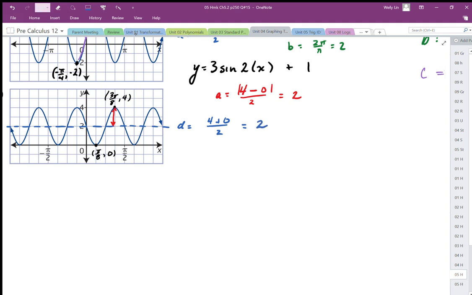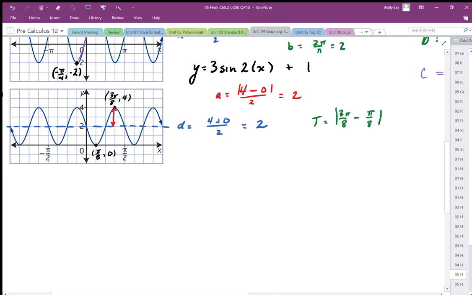Our period, we subtract the x coordinates of the min and max, so we end up with 3 pi over 8 minus pi over 8.